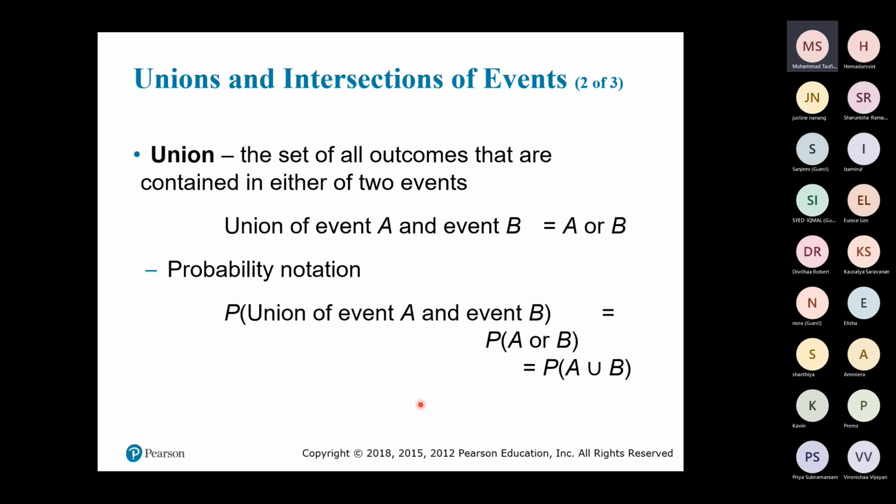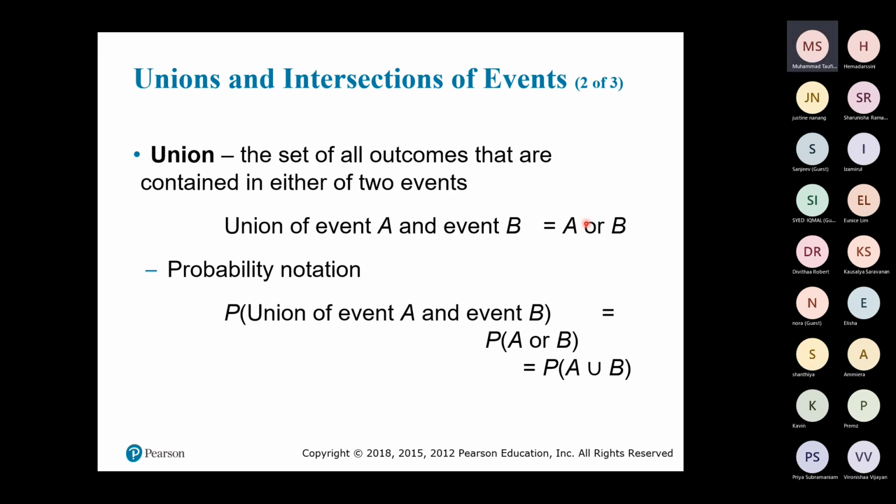We want to know the probability that either one event happens or another one happens. Union is the set of all outcomes that are contained in either of two events. So union is A or B.